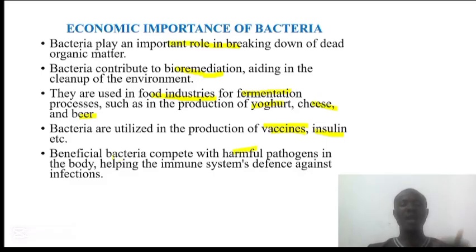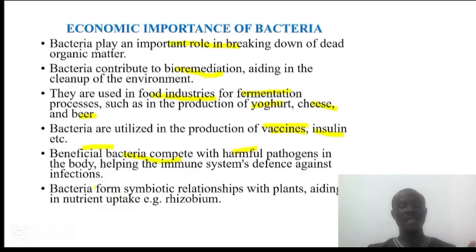And also we have some beneficial or useful bacteria that can compete with harmful bacteria in the body, like the ones we have in our gut or in our GI tract. They compete with harmful bacteria in terms of space and in terms of nutrients, thereby helping our immune system to defend against infection.